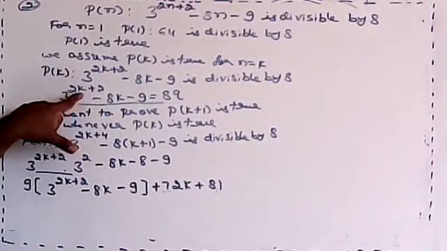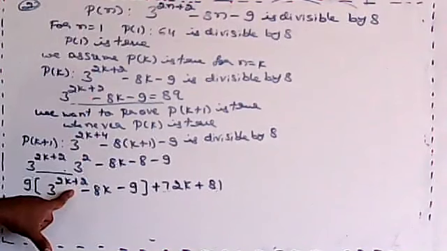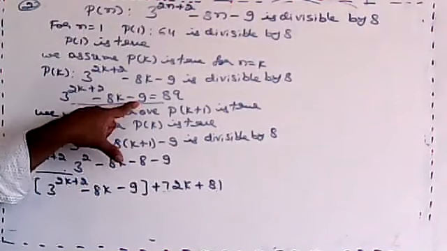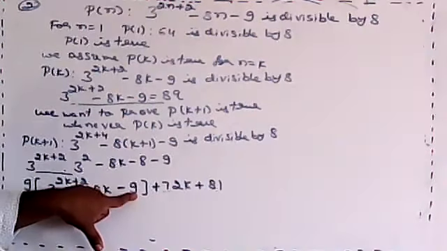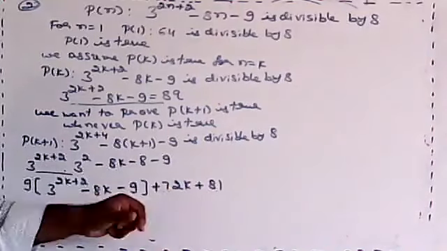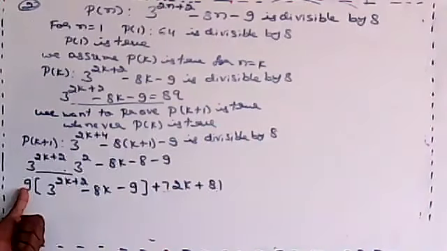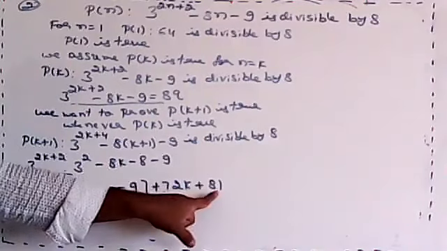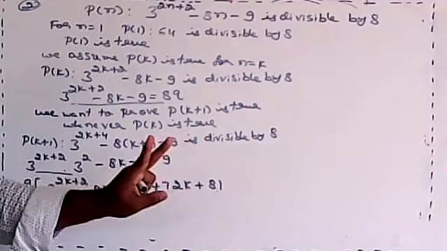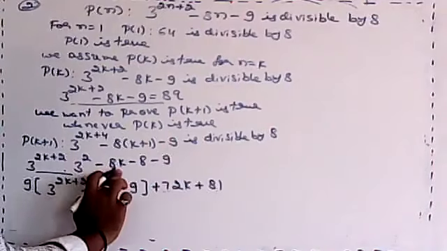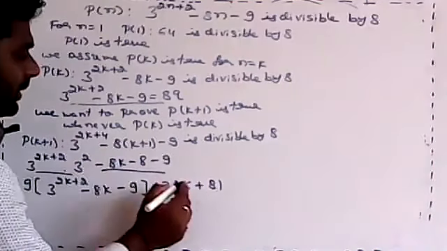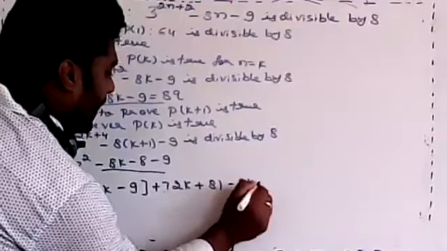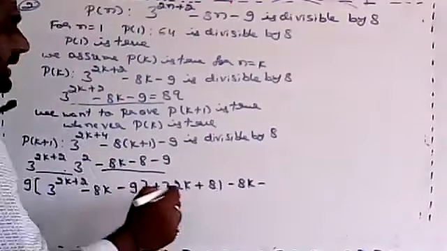To get 3 to the power of 2k plus 2, it is there, but I want the two extra terms, that is minus 8k minus 9. It means I have to add also here. You have to multiply it with 9: 9 into 8k is 72k, 9 into 9 is 81. Correct? Clear? Then remaining these terms, minus 8k and minus 8 minus 9 is minus 17.